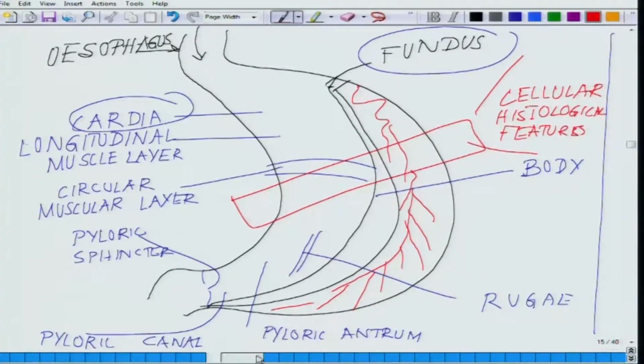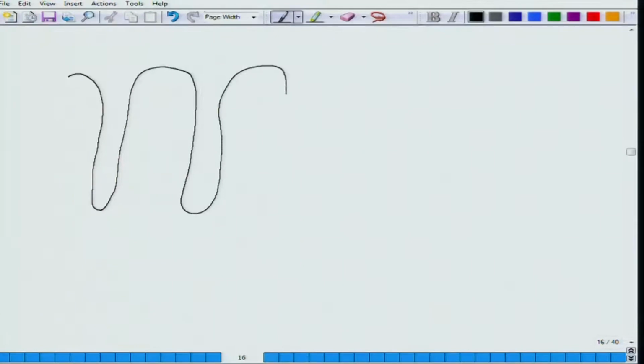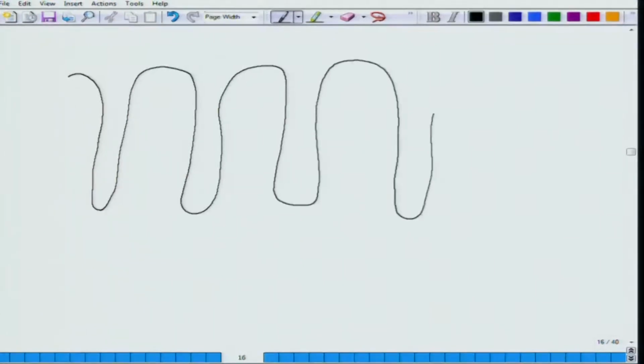So, the cellular structure, if you go through the cross section, looks something like this. It is a bit of a complex drawing, but bear with me, eventually it will look very straightforward. Even if you make a cross section, it will look like this only.